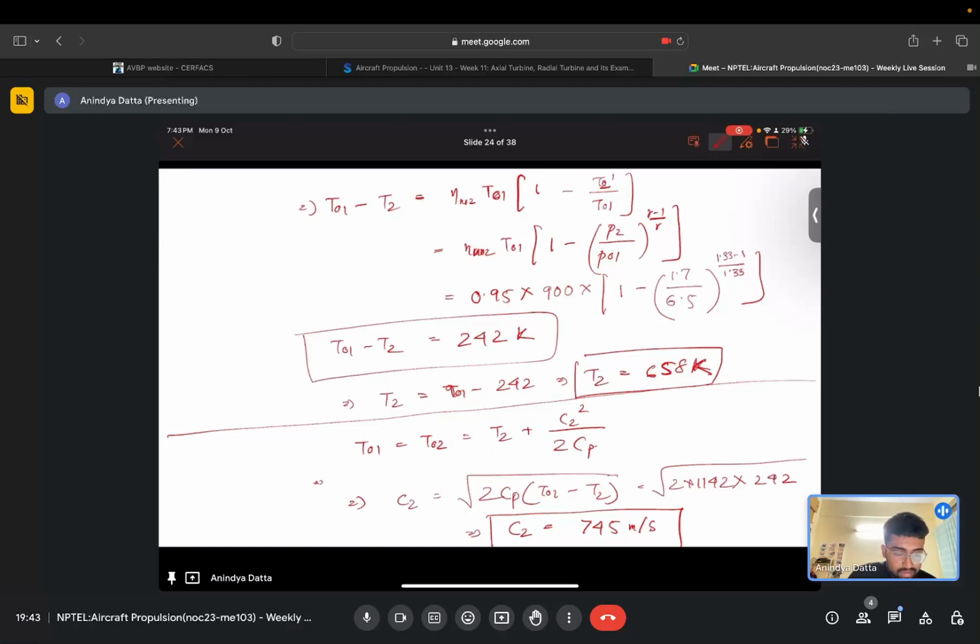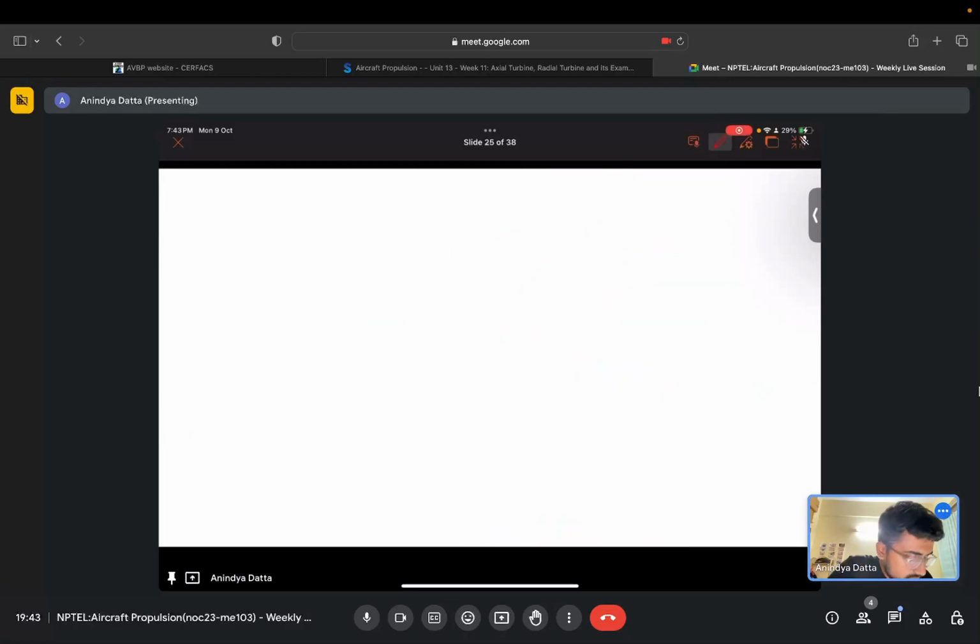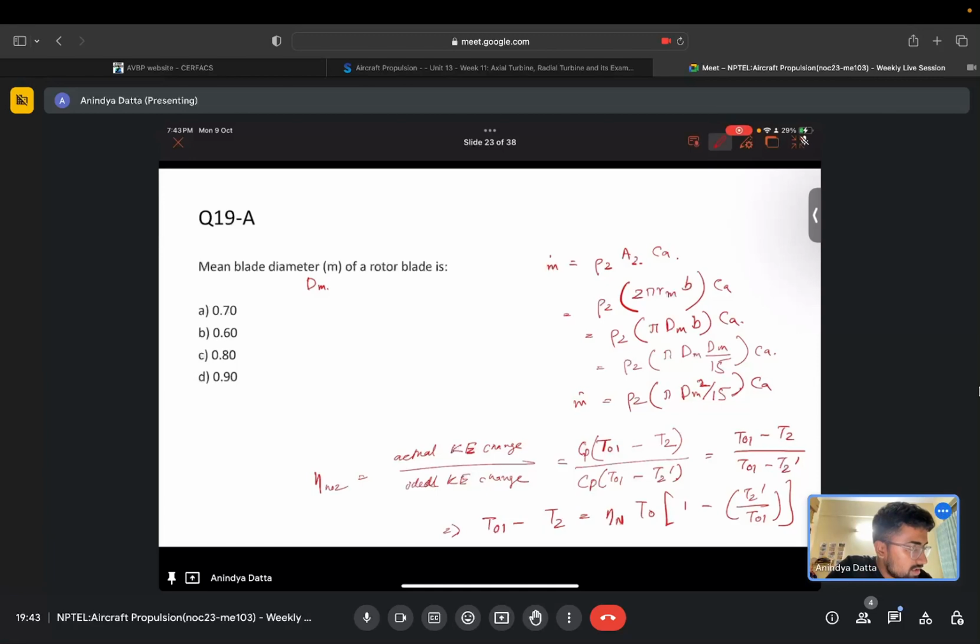Okay, so now after the nozzle we have the rotor blades. Let's go back to the expression that we had, from which we have to find out dm.